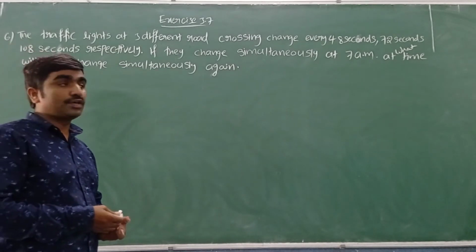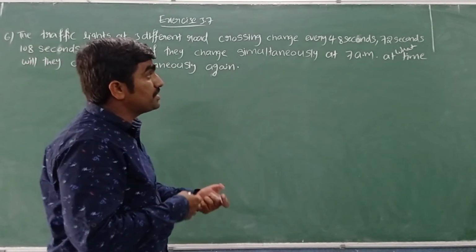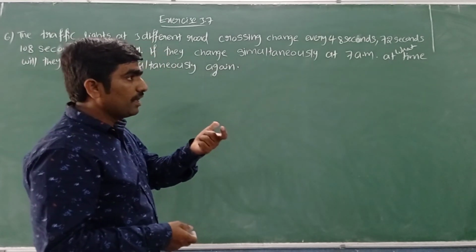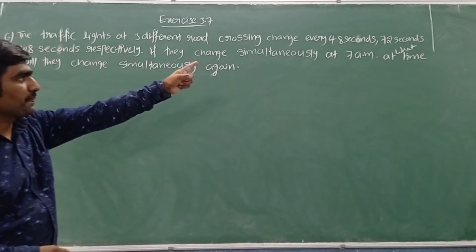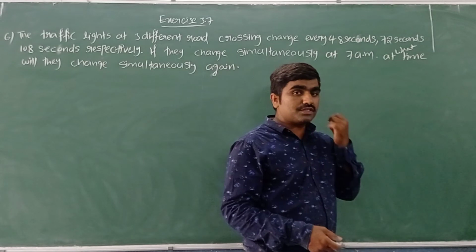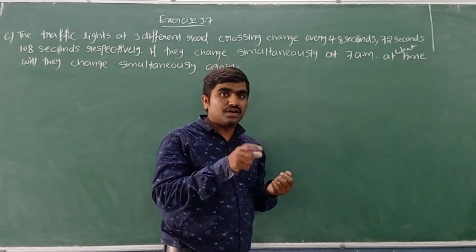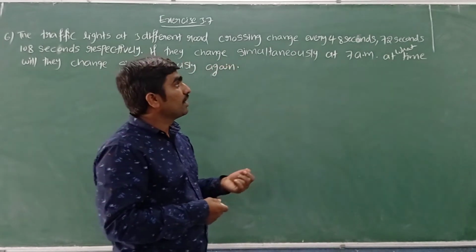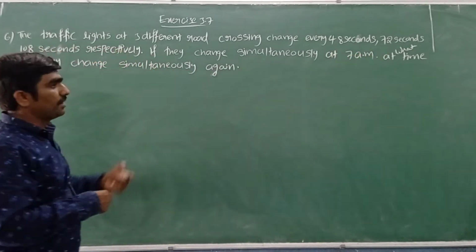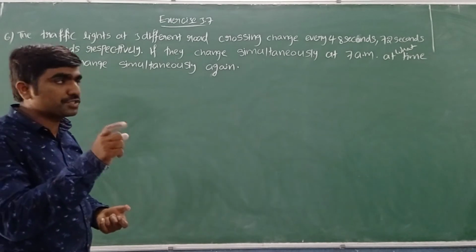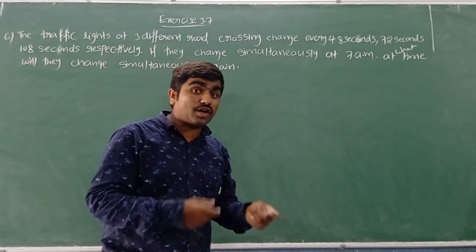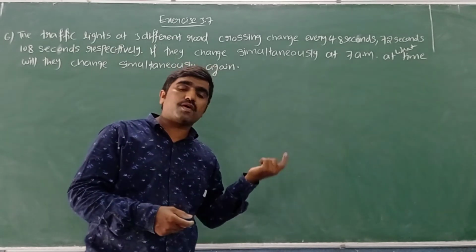So that particular duration must be a multiple of all the three numbers. Suppose it takes 600 seconds to change, then that number must be a common multiple of all the three numbers. Now tell me, how can I find the common multiple? By LCM or HCF?